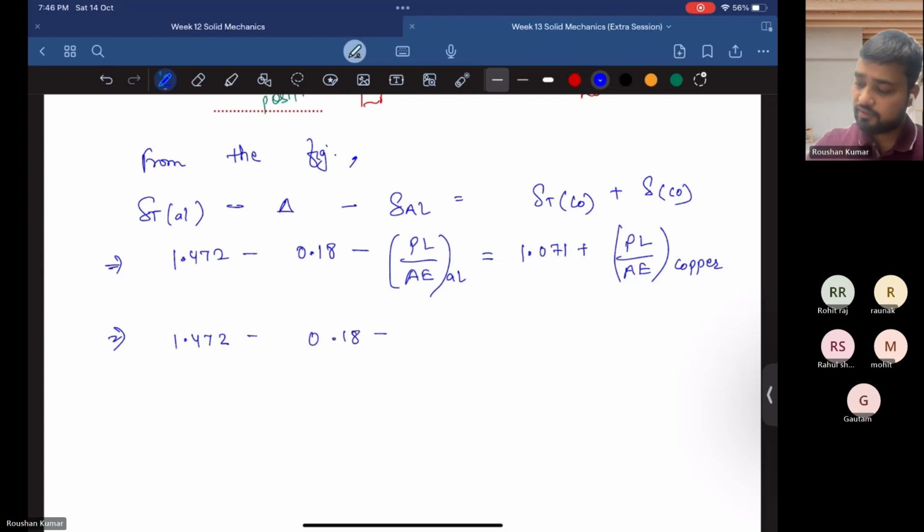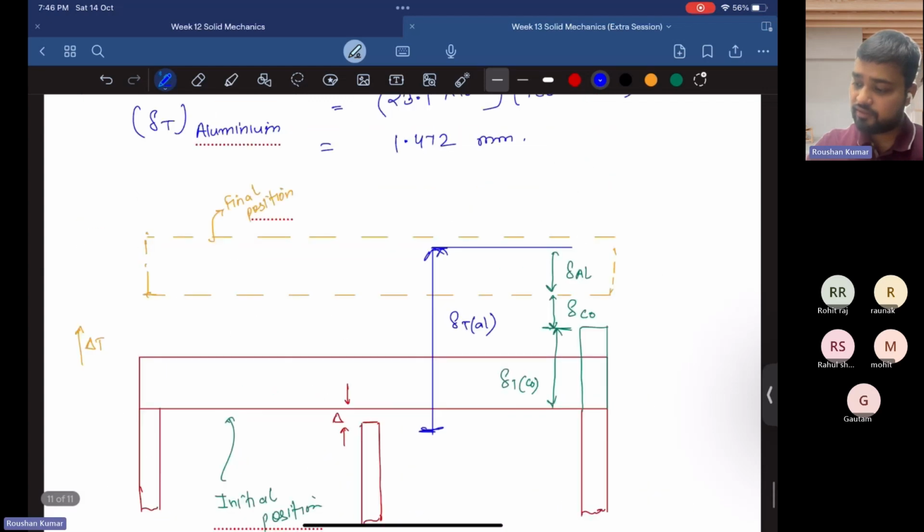So what is the value of P? That is the stress resultant, or we say the reaction force in the aluminum bar.